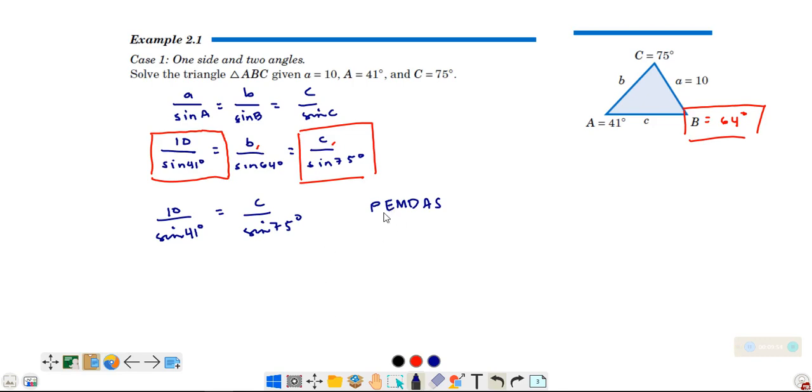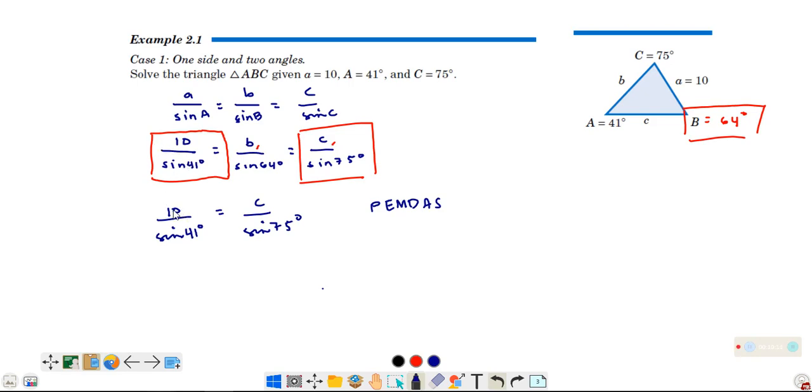Kailangan nyong aralin ulit kung paano nagwo-work si PEMDAS. And of course, aside from PEMDAS, wag din natin kakalimutan yung ibang properties natin sa algebra such as addition property of equality and multiplication property of equality. Useful din yun dito sa trigonometry.